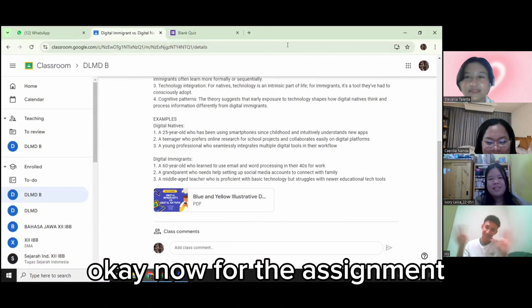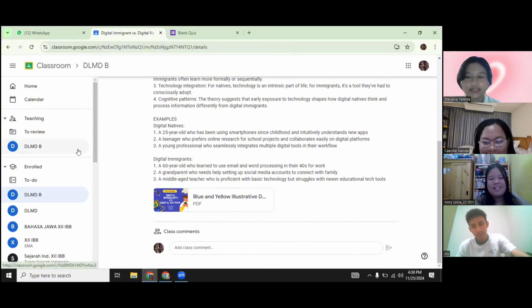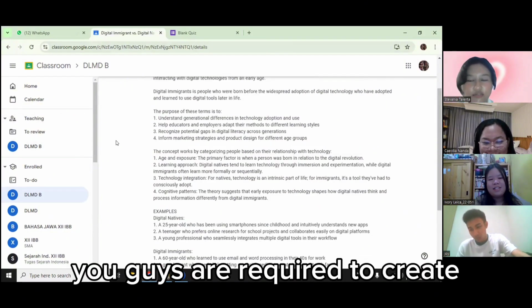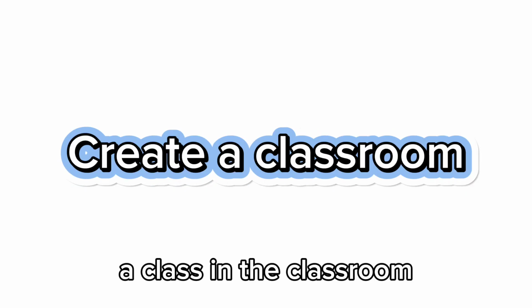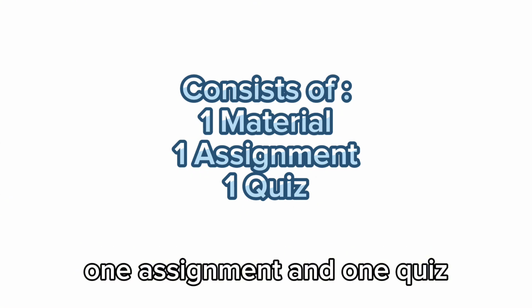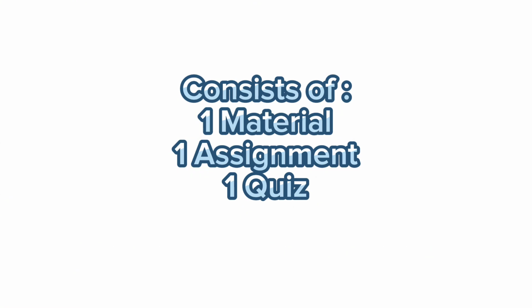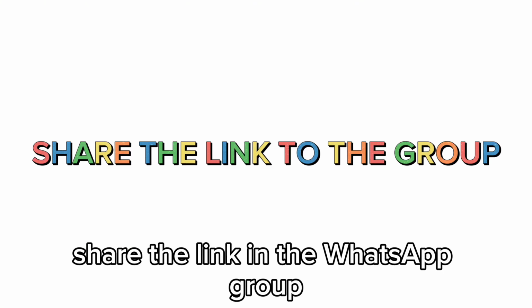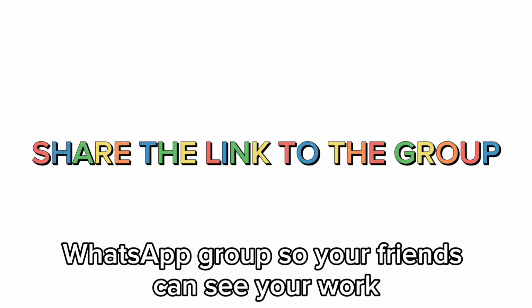Okay, now for the assignment, you guys are required to create a class in the classroom that consists of at minimum one material, one assignment, and one quiz. And then when you are done creating the classroom, you can share the link in the WhatsApp group, our TLMT WhatsApp group, so your friends can see your work.